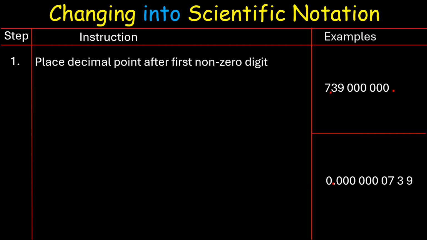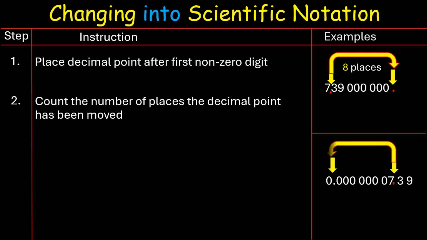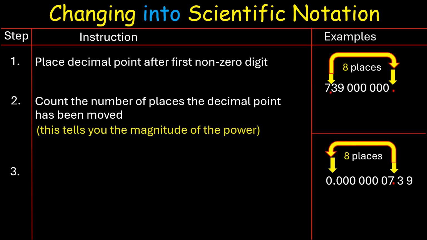In our examples, we get 7.39 in both cases. Then we count up the number of places we have moved the decimal point. The easy way to do this is to count the number of digits between its original position and its new position. Counting the digits between these two positions tells us the power of 10.